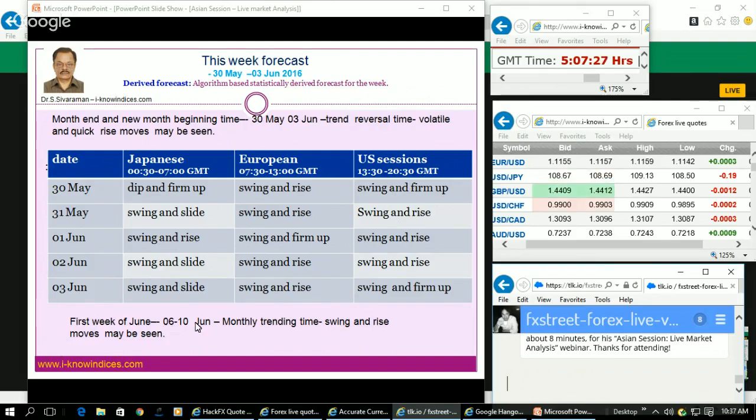So this is how the early and the late session moves are going to be today. And next week onwards, 6th to 10th June, they are expected to make the trending move, because only during the first week and the last week, or a week like this week, wherein the month gets over and the new month starts, they make the monthly trend reversal move. But once the entire week consists of the month, which is second month, third month, first week, second week, third week, etc., then they make the trending move.